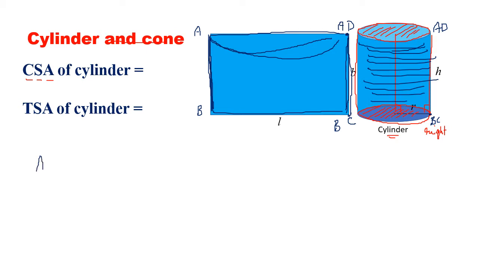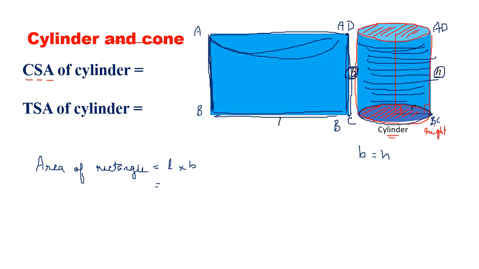So what is the area of the rectangle? The area of a rectangle, we know, the formula is length into breadth. But you can see here, the breadth has now become the height of the cylinder. And the length of the rectangle has become the perimeter of the circle.